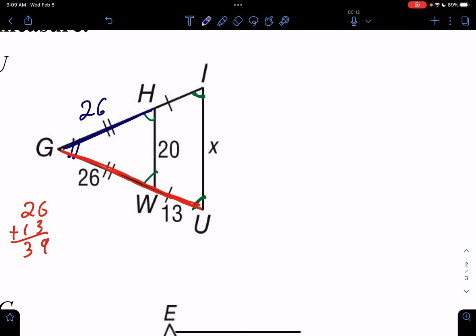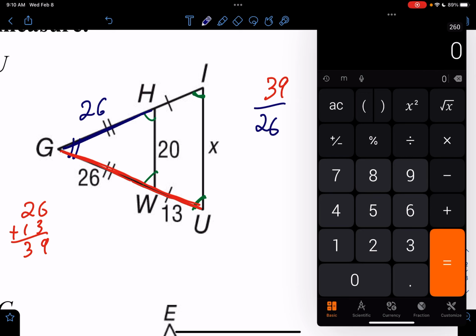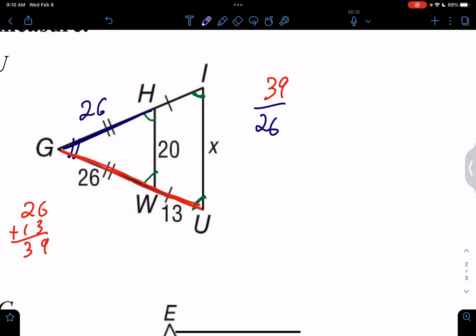So I will say, okay, so big is to small. 39 is to 26. And I can put that in the calculator. I will say 39 divided by 26. That gives me 1.5. So here is the factor. 1.5 is the factor.